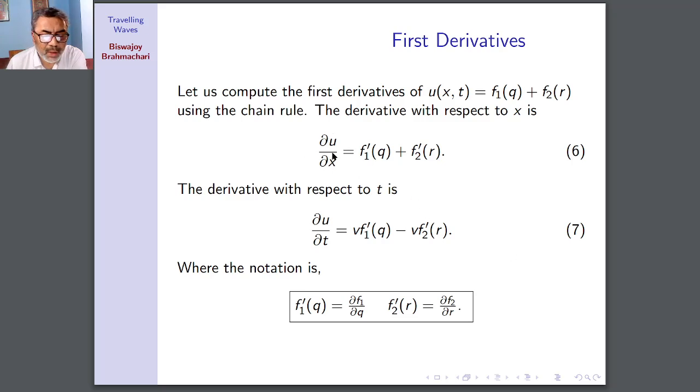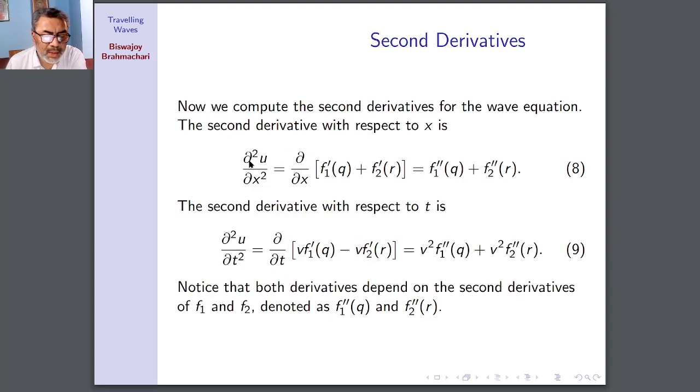First derivative using the formula becomes ∂u/∂x equal to f1'(q) plus f2'(r), where f1' is the derivative with respect to q and f2' is the derivative with respect to r. And what about ∂/∂t? It becomes v f1'(q) minus v f2'(r), where f1' again is the derivative with respect to q and f2' again is the derivative with respect to r.